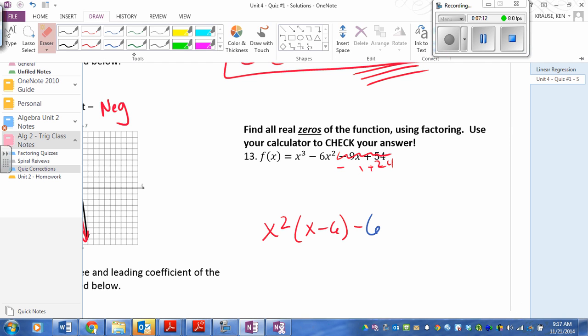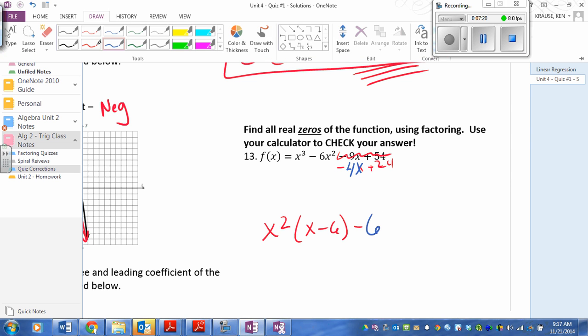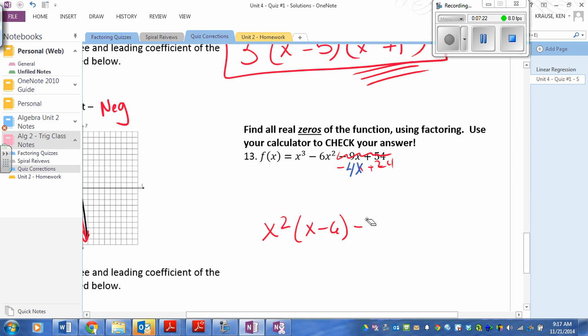So this was a minus 4x, apparently. And let me get rid of that. Sorry about this. So I guess apparently it's minus 4x plus 24. So I'm going to take out a minus 4, and I'm left with x minus 6. Okay, that's better. So notice they have the x minus 6 in common.